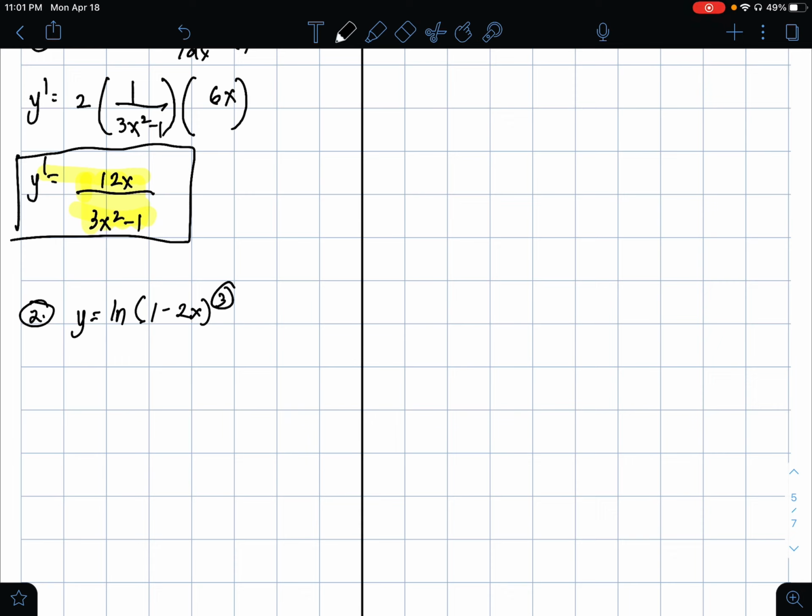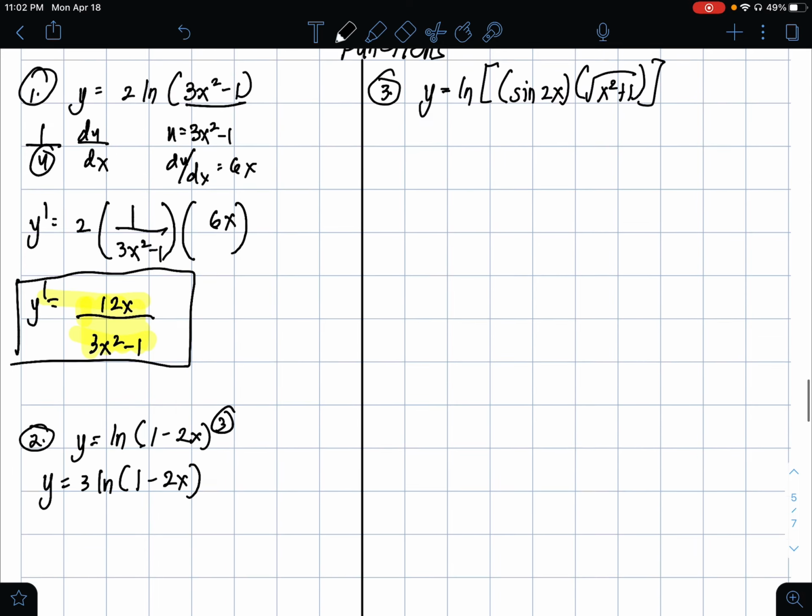So, this function will just be similar to y is equal to 3 ln of 1 minus 2x. Right? So, ang makonclude na ko, class, is if you know the laws of logarithms, or you have mastered the laws of logarithms, then you can simply answer the problems right after.